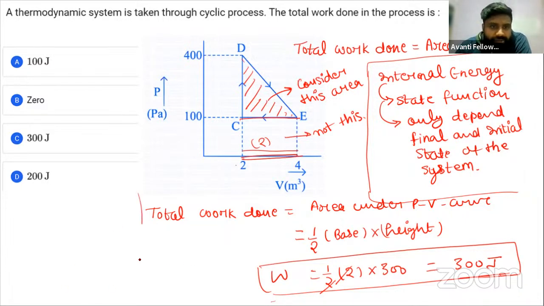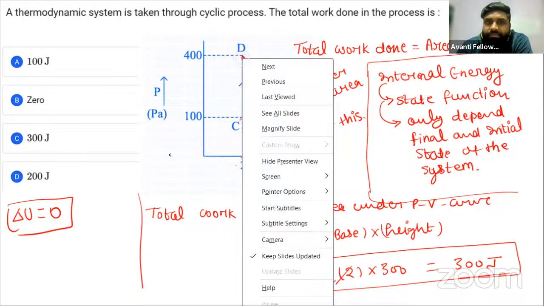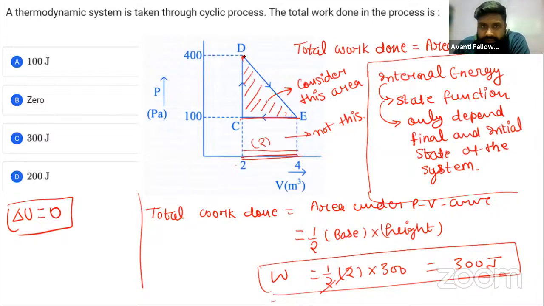So internal energy here is equal to 0 because the final and initial states are the same. The system has moved from D to E, then C to E, and then it comes again to D by this path. So this is a cyclic process. For a cyclic process, delta U is 0.